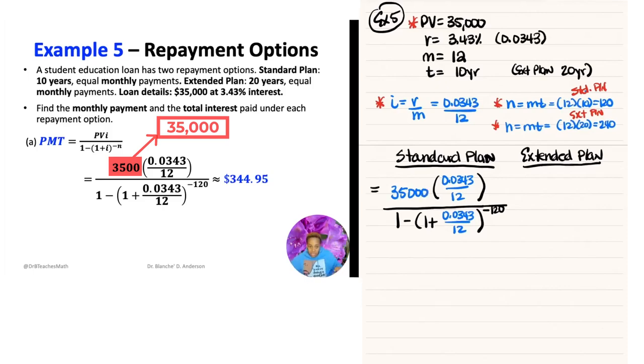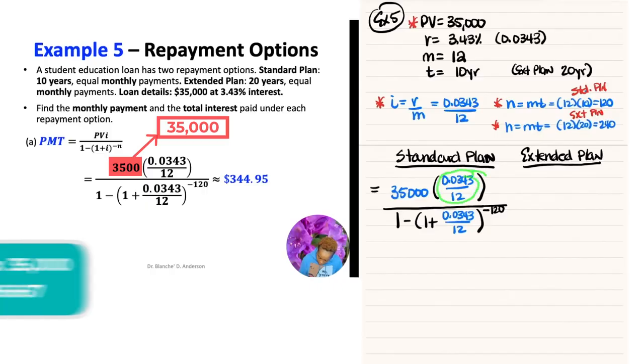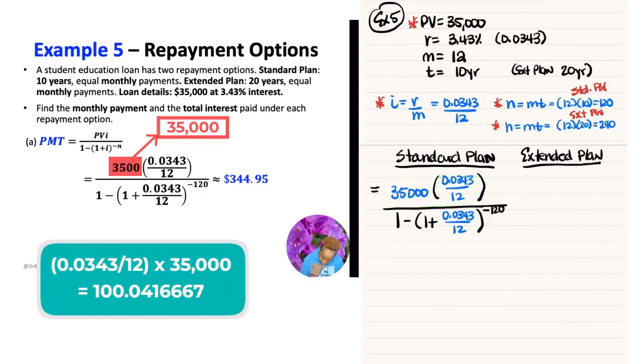I'm thinking I just typed it wrong, so I'm going to do the math really quick. I'm going to do the numerator first. So I'm going to have 35,000 times 0.0343 divided by 12.